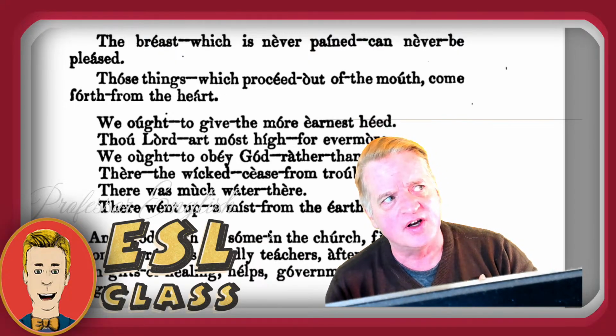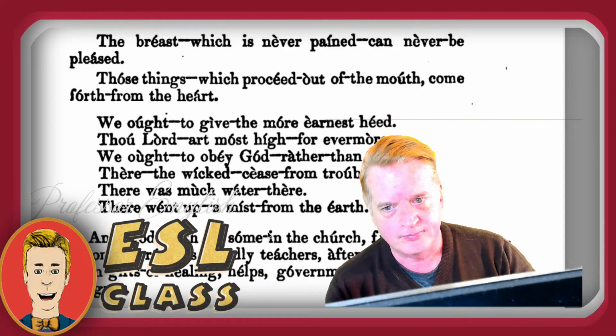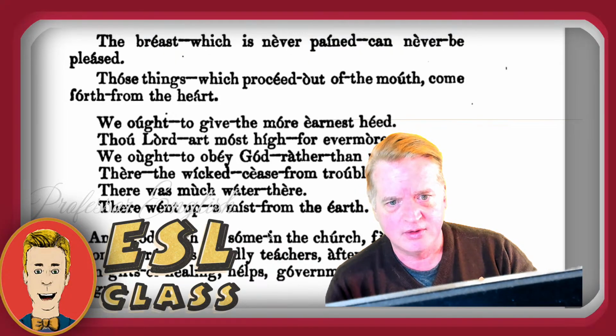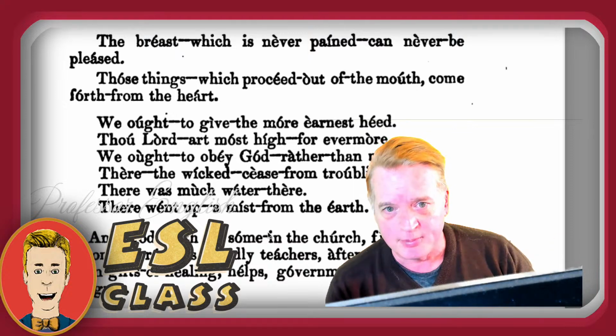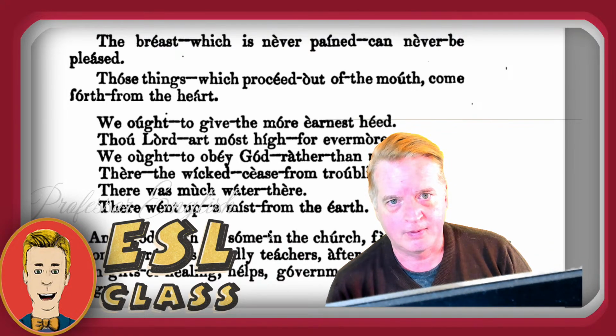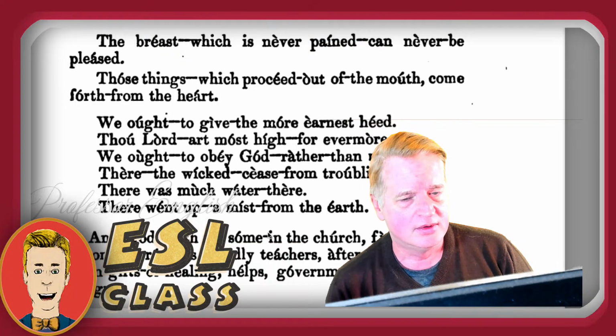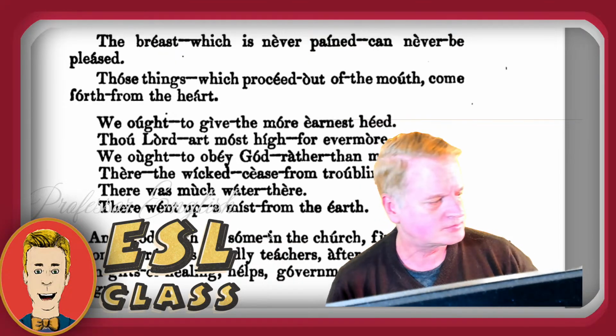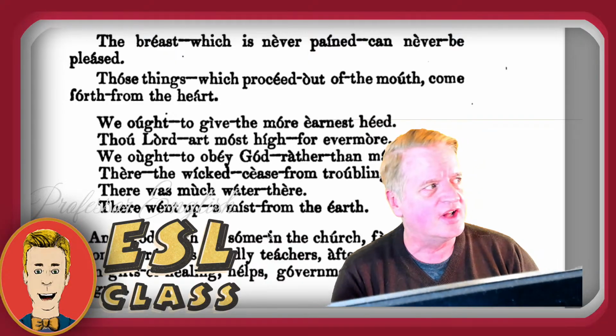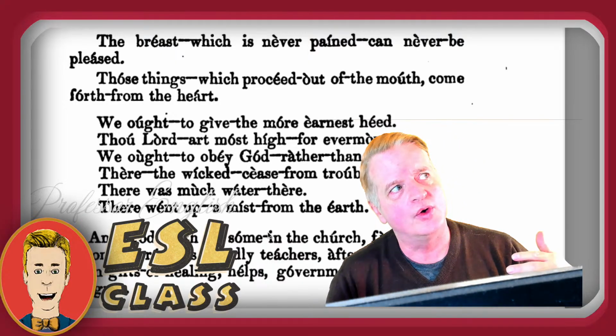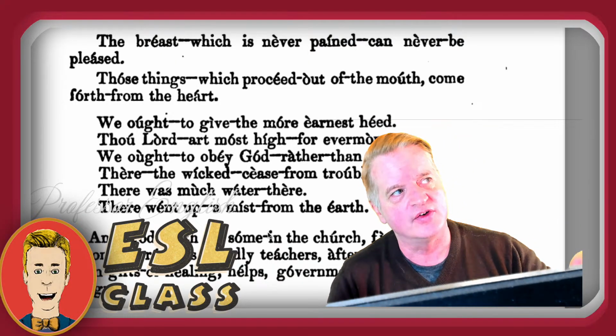The heart that never feels pain can never be pleased. Yeah, it can never be happy. Does that make sense to you? Do you understand the meaning of it now? Yes. It's like, how can you know what happiness is if you never feel pain?